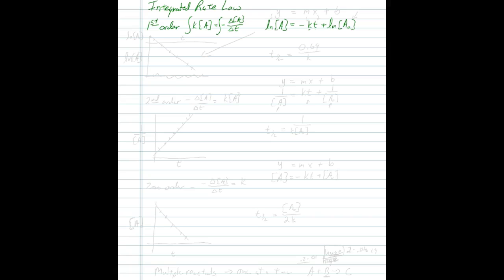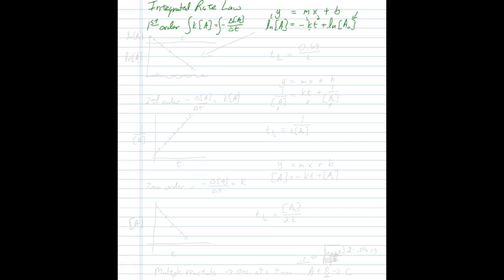This corresponds to y equals mx plus b. This is your y-intercept. This is the variable that you're looking for. This is the slope, and the independent variable is the time.